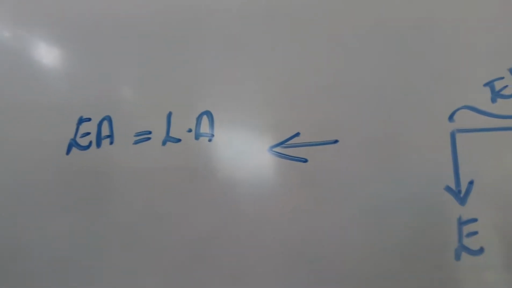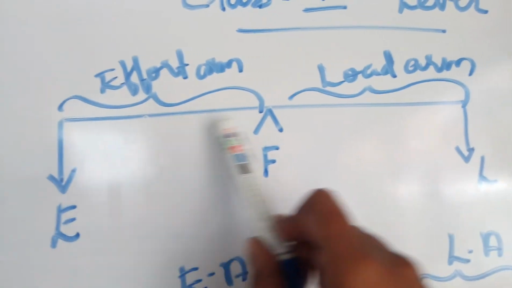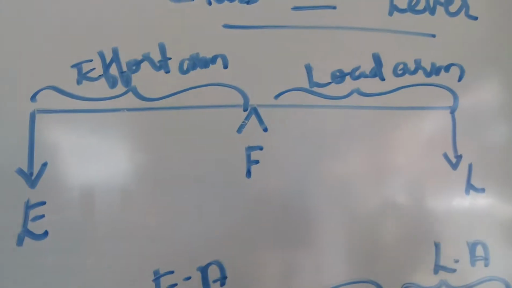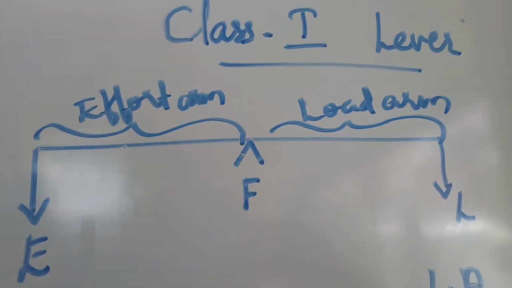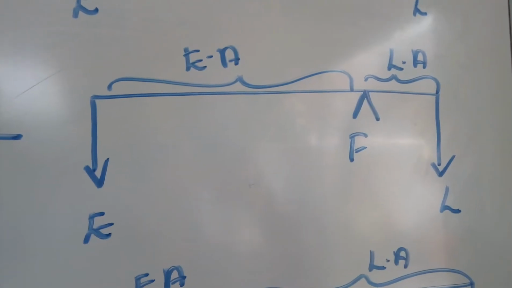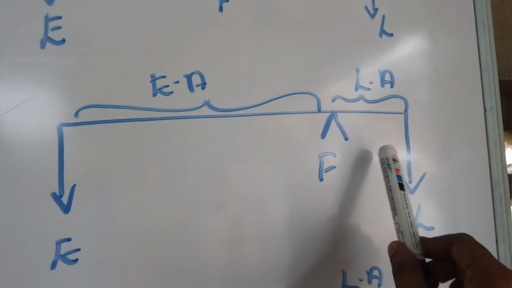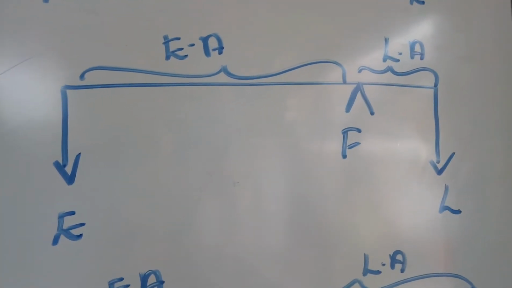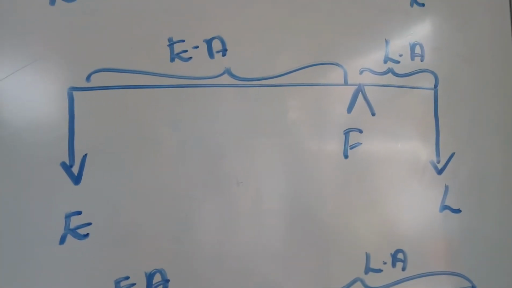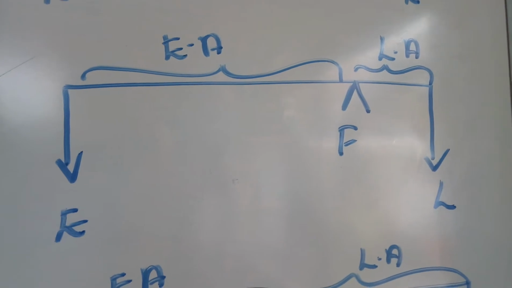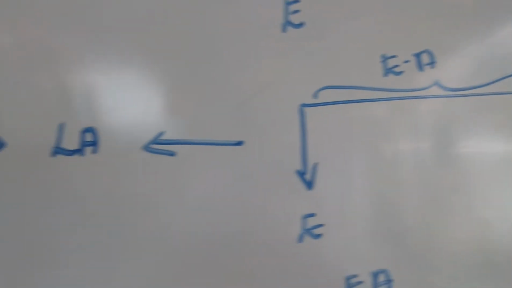So, class 1 lever. In the first case, the effort arm is equal to load arm. From the value of mechanical advantage, we can find out the function of the lever. In the second case, effort arm is greater than load arm.